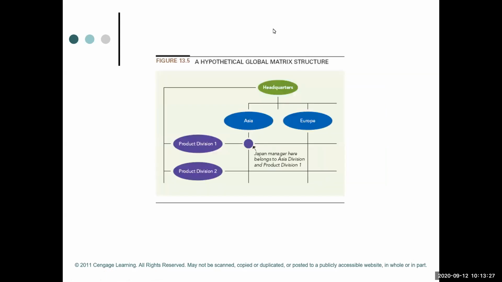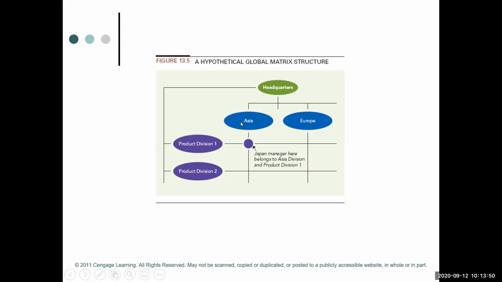Now, generally what happens is a more realistic scenario where you have a headquarter. For example, the US is the headquarter. Now in Asia you have an Indian headquarter, which is a subsidiary. So this is a geography focus.